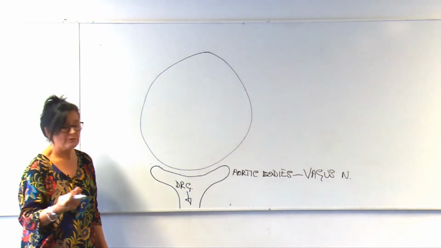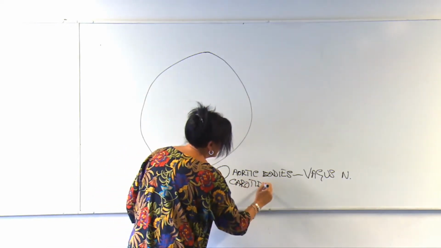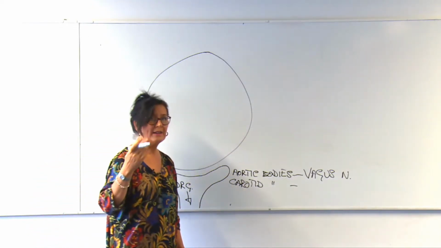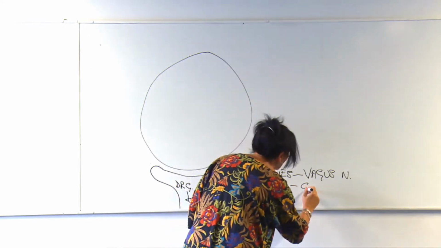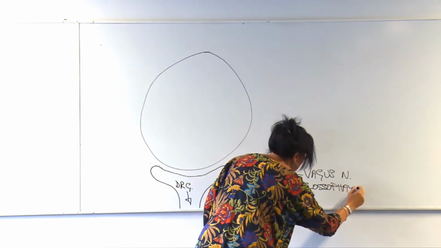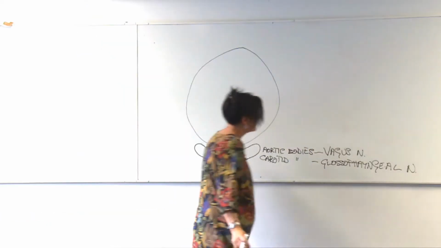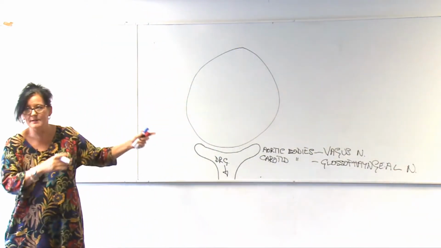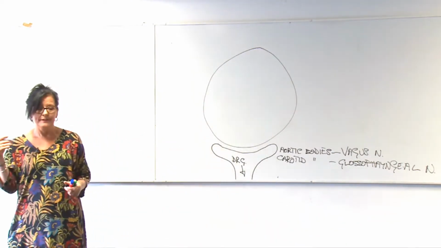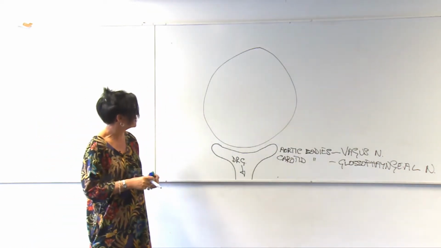If we're talking about the carotid bodies, we're talking about the glossopharyngeal nerve. So depending where this glomus cell is, which set of peripheral chemoreceptors, will depend what nerve this neuron is traveling in to the DRG.